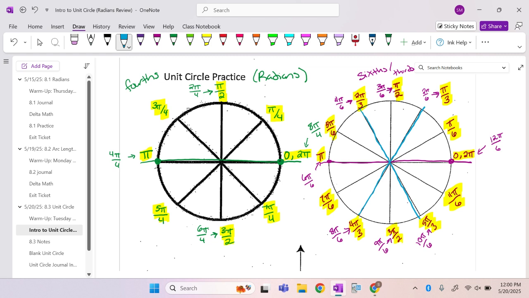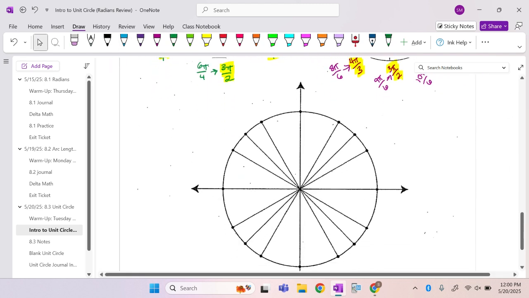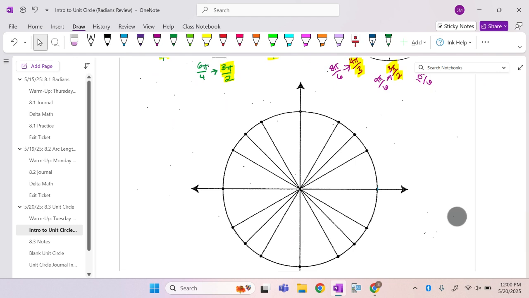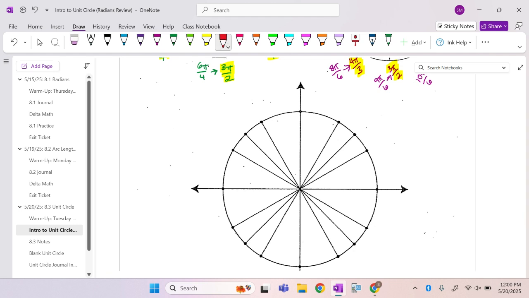Now, let's throw it all together. All right, so let's already mark what we know to be true. So what has to go right here? What has to go right there? So what has to go right here? 0 and 2 pi. All right, now, what fraction do we say is the smallest? 6th, third, or fourth?